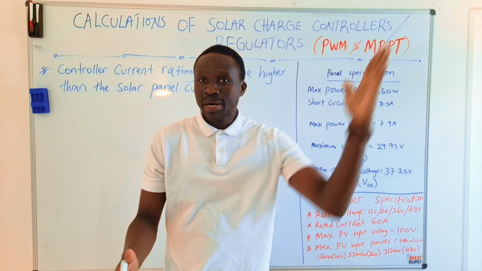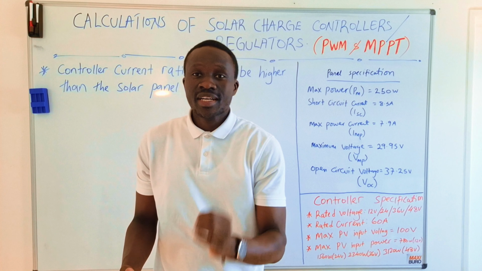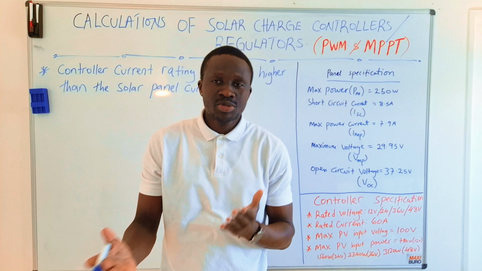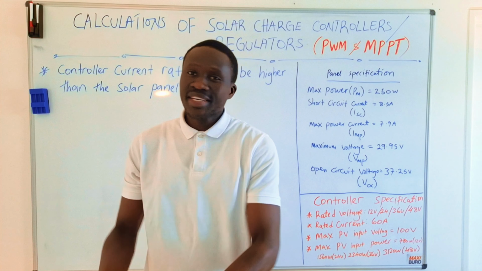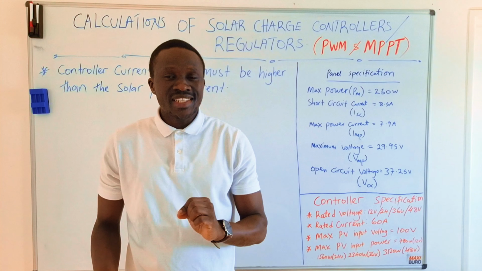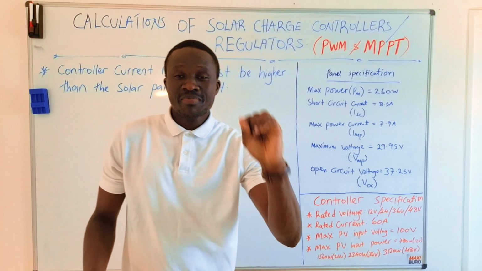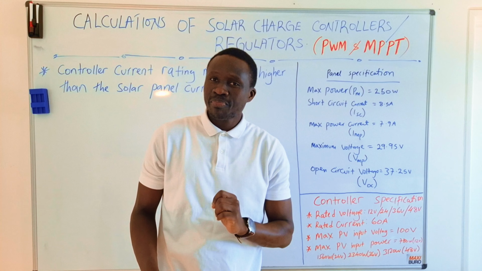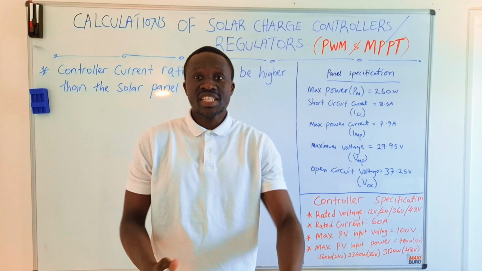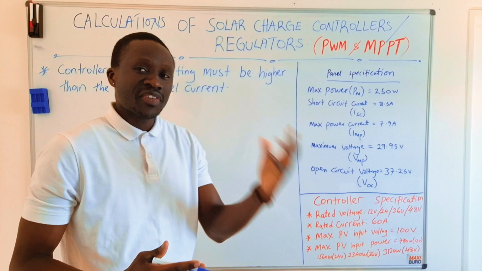When the panel tries to bring too much voltage, the charge controller helps to protect the battery from being damaged. Then again we saw that these charge controllers improve the system efficiency, the battery efficiency, or the solar system efficiency.